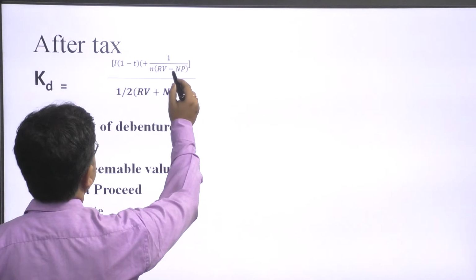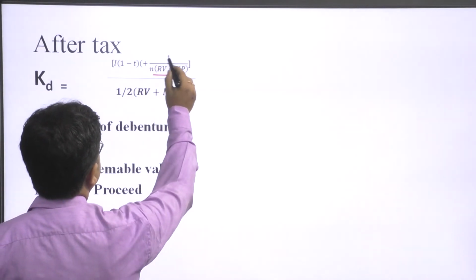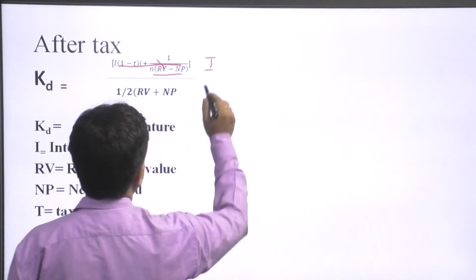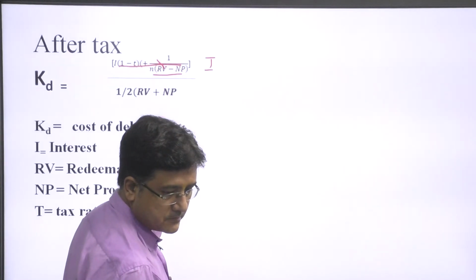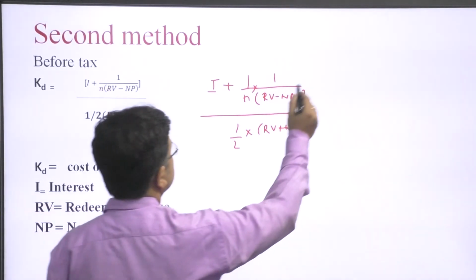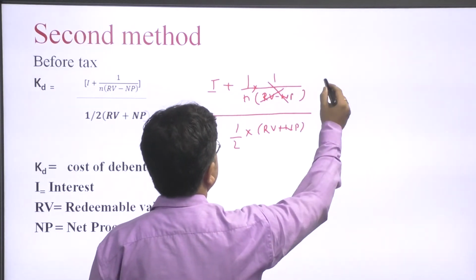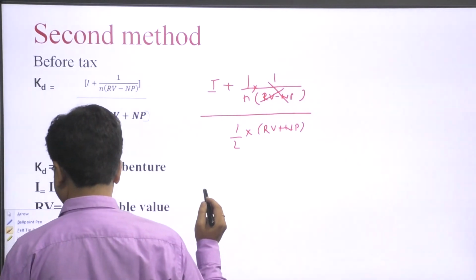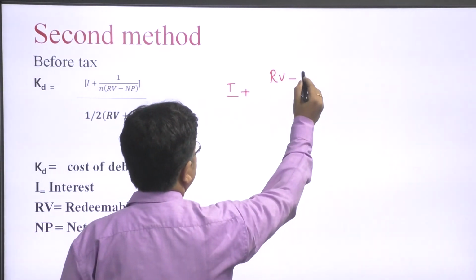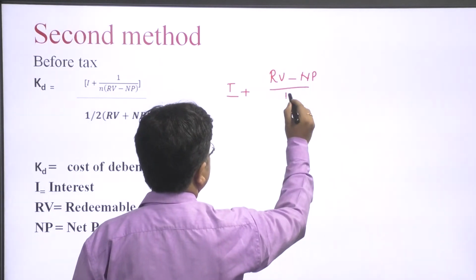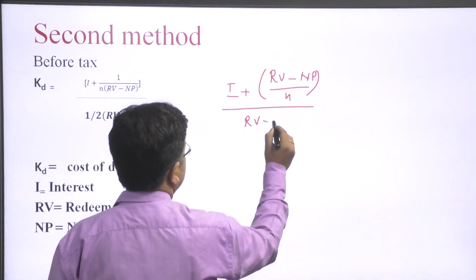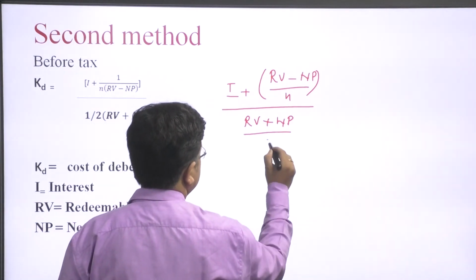I will make this formula clear. This formula is like this: I plus RV minus NP divided by n, whole divided by RV plus NP by 2.